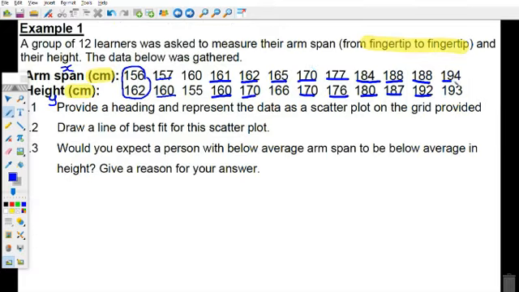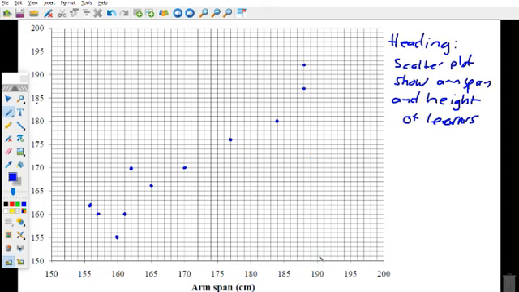Okay, the last one, 194 and 193. 194 arm span. Okay, and 193. Okay. That's 12 points.